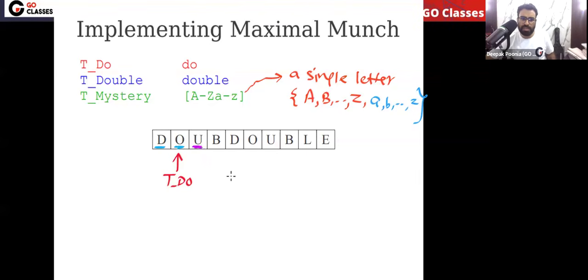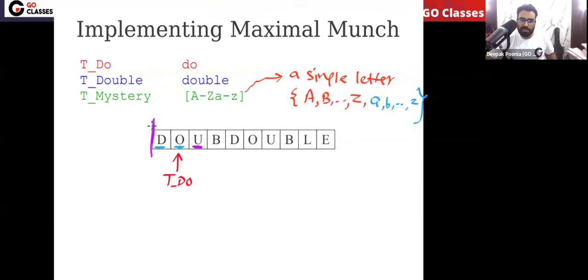So you will read this character U. Now tell me who is matching. This is the entire thing, please understand. Now remember, the mystery token is not matching anymore because that token was a single letter. You started from here; this entire thing you are seeing is DOU. Please don't look only at this character. We started from here.